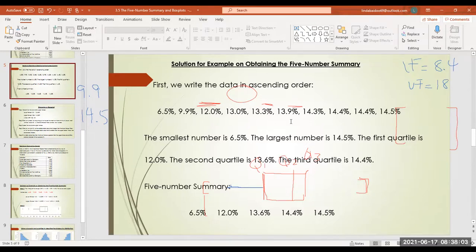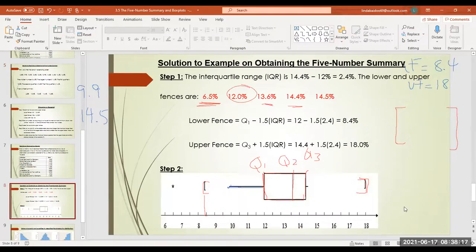If we are to put 8.4 somewhere here, any value smaller than 8.4 is an outlier. So straight away 6.5 here is considered an outlier. If it is an outlier, we use an asterisk. So we go back to our box plot and then we put an asterisk here. That asterisk shows that this is our outlier.